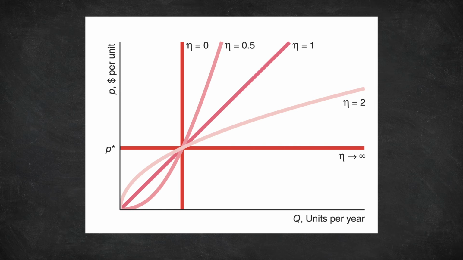And if eta is infinity, then the supply is perfectly horizontal. In between, we see the more realistic cases. The unit elastic case here is a linear function, and the functions are convex for inelastic supply functions and concave in this diagram for the elastic functions.